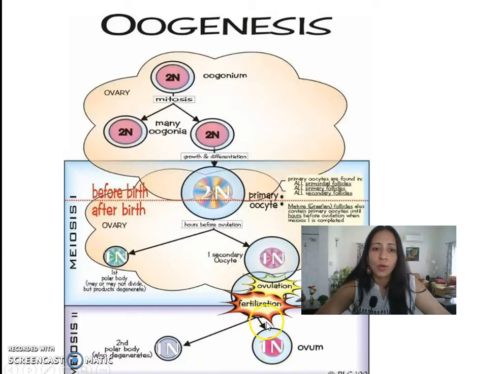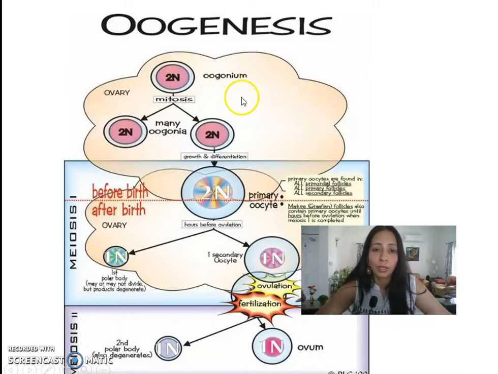As I told you earlier, this is a process in which the formation of ovum takes place, but at the same time follicle also develops. Follicle is nothing but the layers of cells that develop outside the ovum. So we have different stages of follicle development also taking place simultaneously.